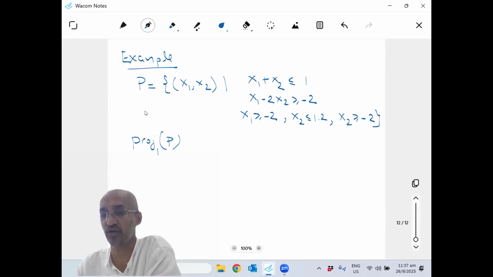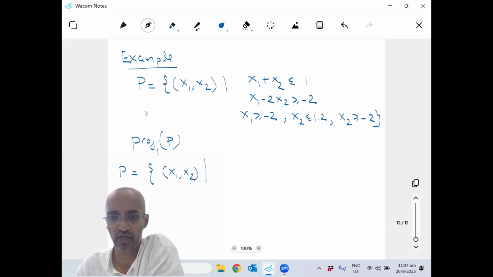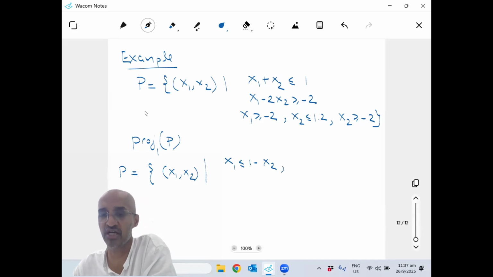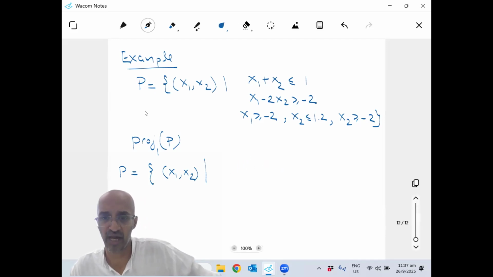Let's look at these constraints. Intuitively, what is it doing? I'm just going to write everything in terms of x1. I want to take out x2. So x2 is less than or equal to 1 minus x1.